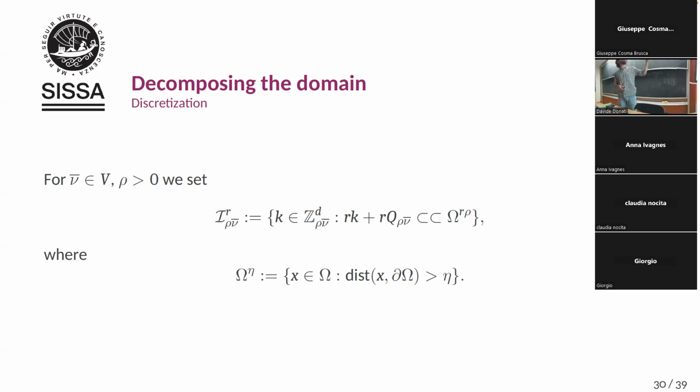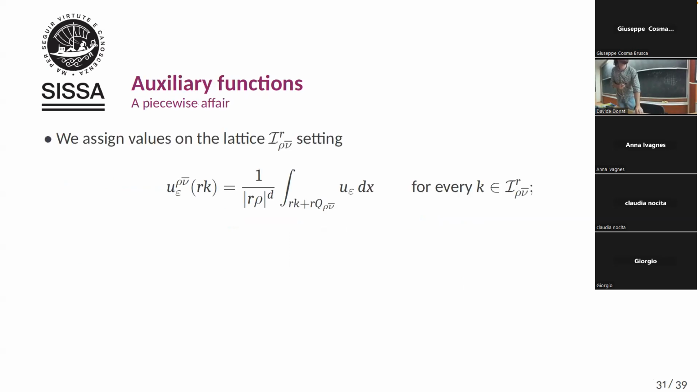I rho r nu bar is going to be the set of integral indices k such that if you attach to the point k a cube with side length r times rho, it is well contained inside of omega. Just another technical thing. Okay, now we are ready to define our auxiliary function.